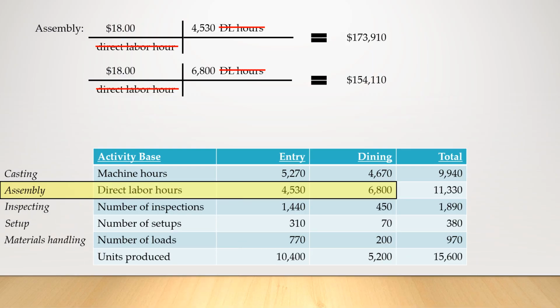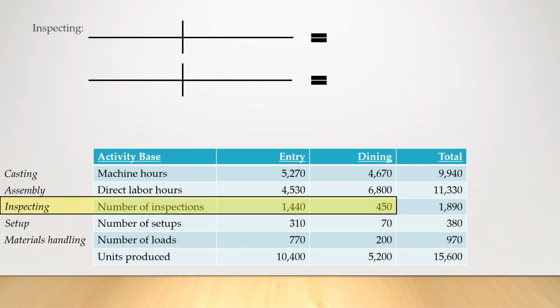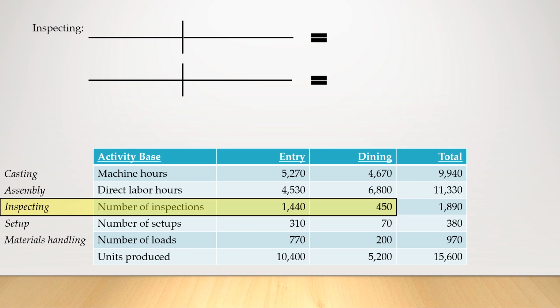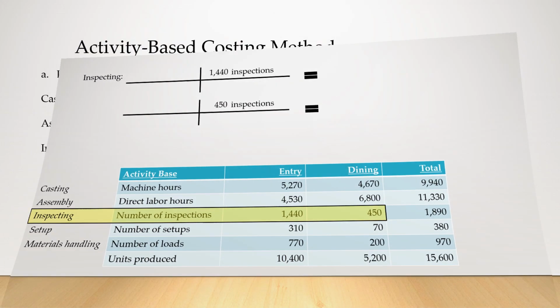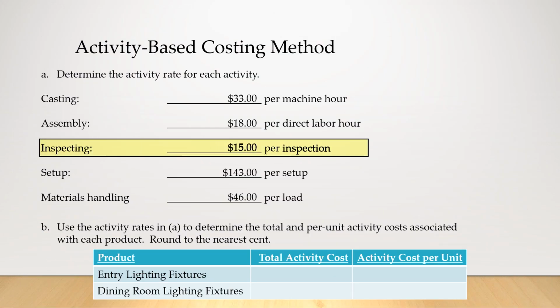Next, move on to inspecting. We have 1,440 and 450 inspections for entryway and dining room fixtures, respectively. Retrieve this activity's cost allocation rate, $15 per inspection.